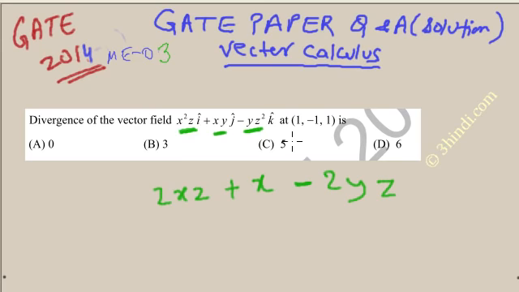If you put 1, minus 1, 1 here, for y it is minus 1 and the rest is 1, so 2 plus 1 plus 2, this is equal to 5. So this is correct.